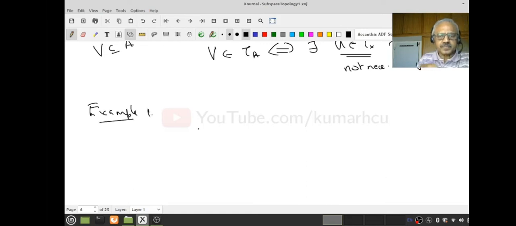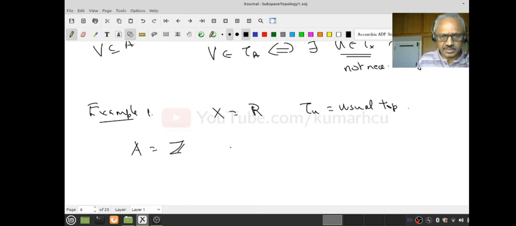Example 1. Let us start with the favorite thing, my X equal to R with the usual topology, the usual metric topology or absolute value metric, right? Now let's look at my A to be the set of integers.